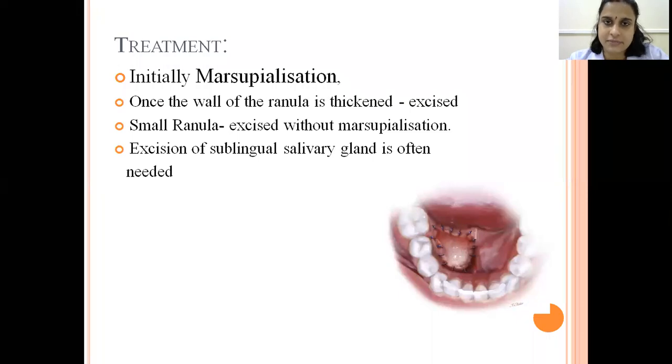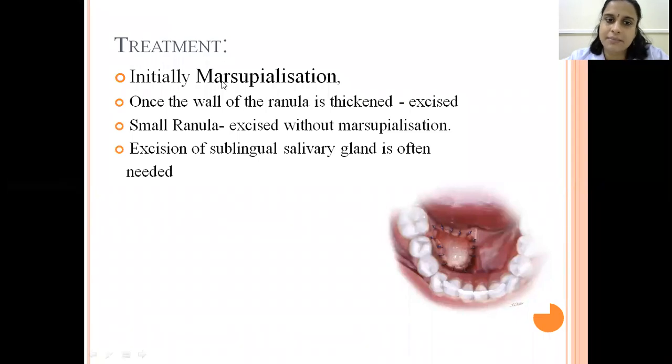It is left for some time, and then once the wall of this so formed ranula gets thickened, we can easily excise the complete cyst along with its wall. Always remember, a cystic swelling should be excised in toto with the wall to prevent recurrence.